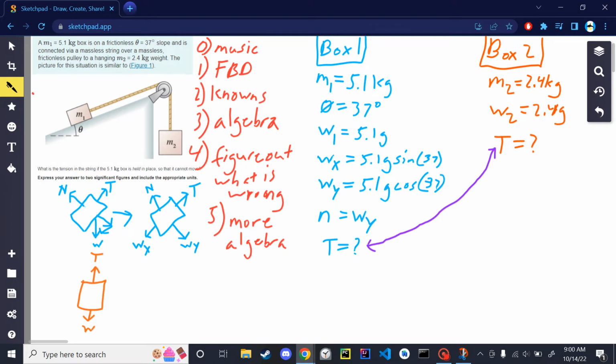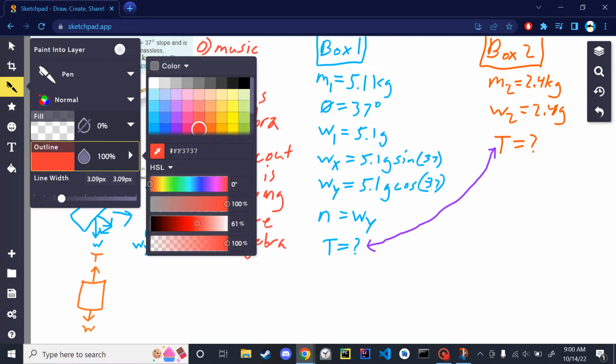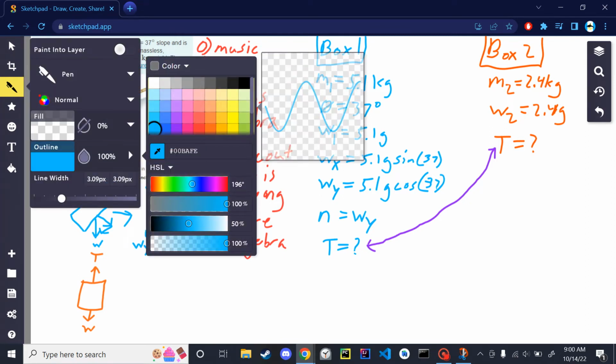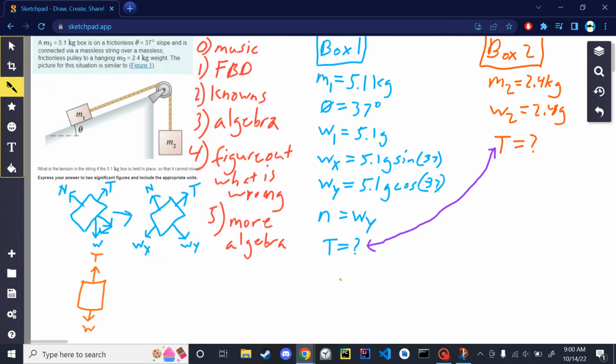So for this box, in order to be, oh, okay. So Wx minus tension.